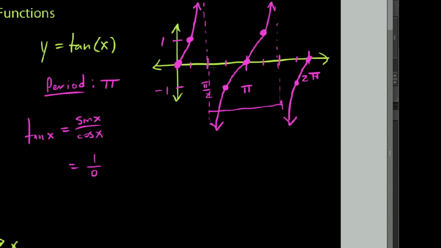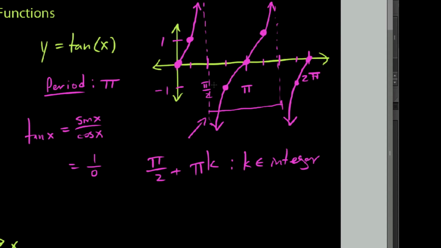And it has asymptotes at every pi halves plus some pi times k, where k is an integer, basically any multiple of pi added on to pi halves. So if you go out pi units past every pi halves, you're going to land at another asymptote. So these are the basic graphs of sine, cosine, and tangent.